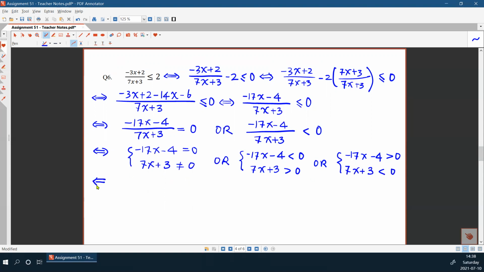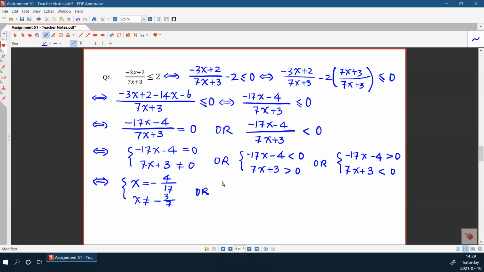Okay, and now we need to solve these three branches separately. First branch gives us x should be exactly negative 4 over 17, and x cannot be minus 3 over 7, right?